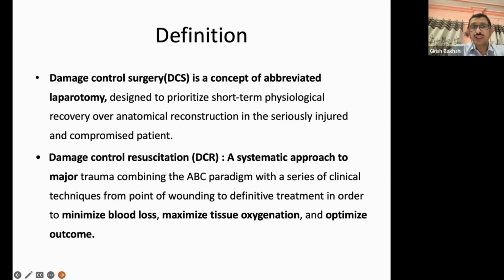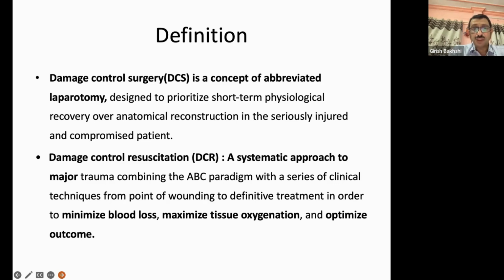When damage control surgery was combined with all 4 phases, it came to be known as damage control resuscitation, which involves a multidisciplinary approach, right from pre-hospital trauma care, to the operating surgeons when the patient is undergoing the first surgery or damage control surgery, followed by care by the intensivist in the ICU to correct the physiological disturbances which have arisen because of the trauma and surgery, so that this patient can be taken out for definitive surgery after 48 to 72 hours.